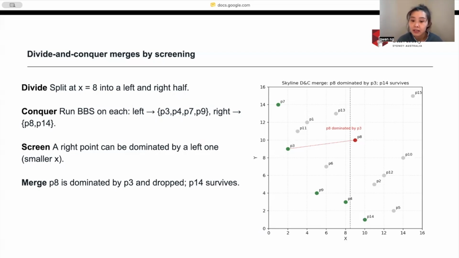That's what happened. P8 turned out to be dominated by P3, so we remove it, while P14 survived. The merged result is exactly the same skyline that we found before, which is a nice confirmation that both methods agree.